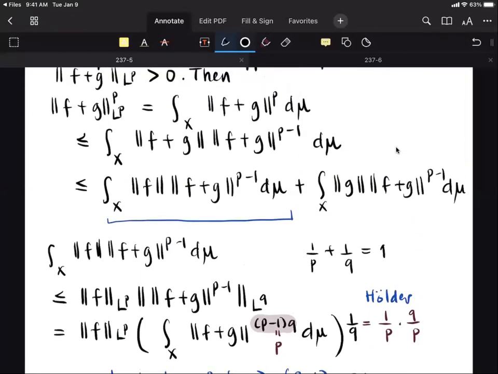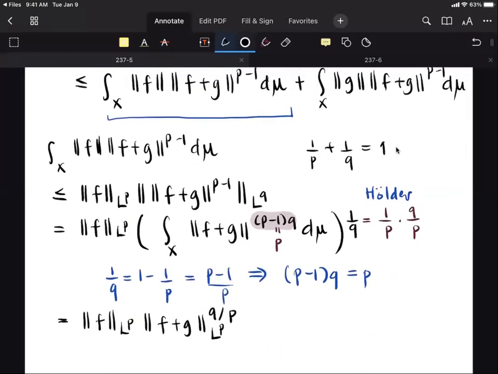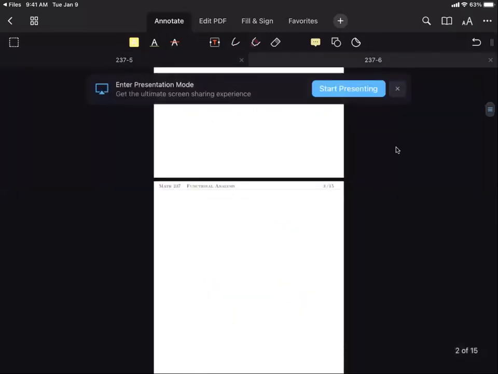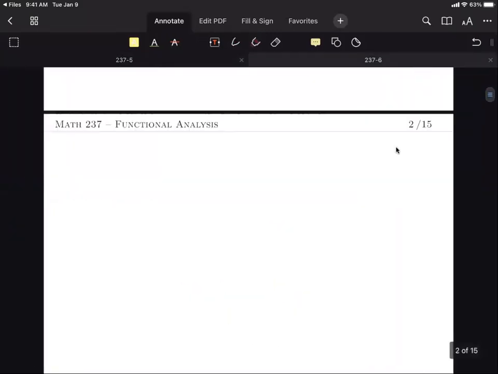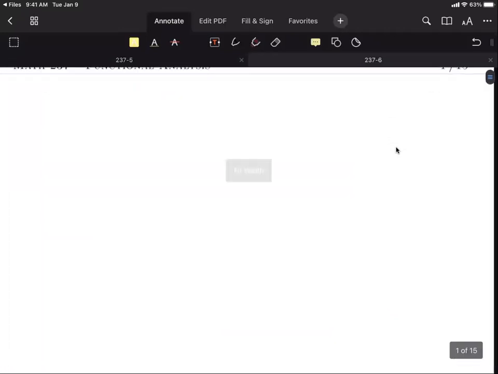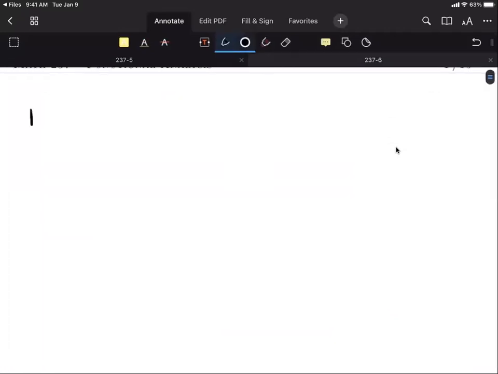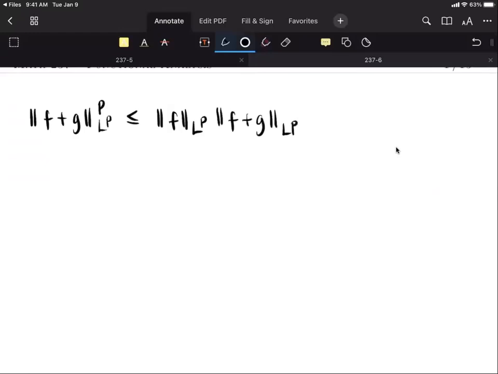So summarizing, combining, let's go to the next page. So here you have the LP norm, which is less or equal to what we have shown so far, with p over q. And you do that for the second part.